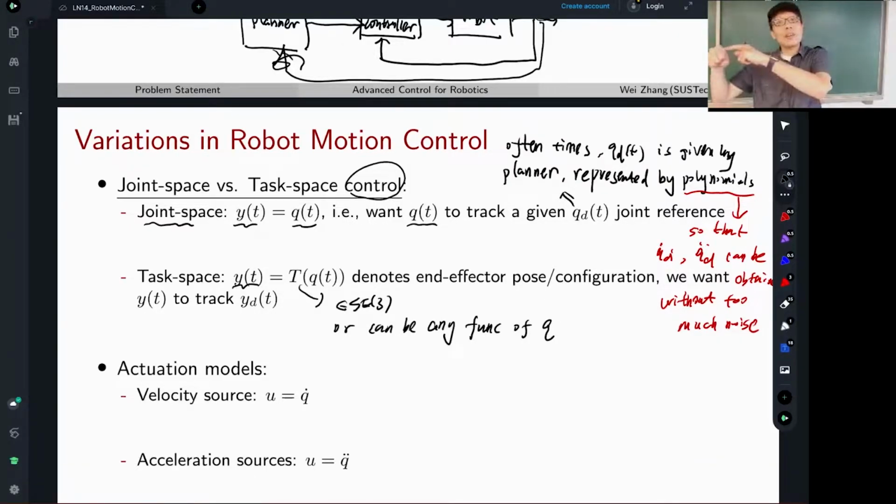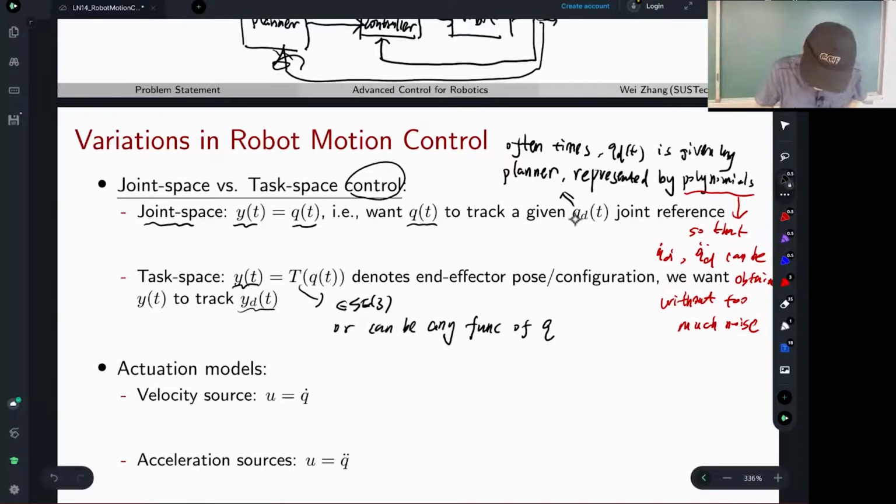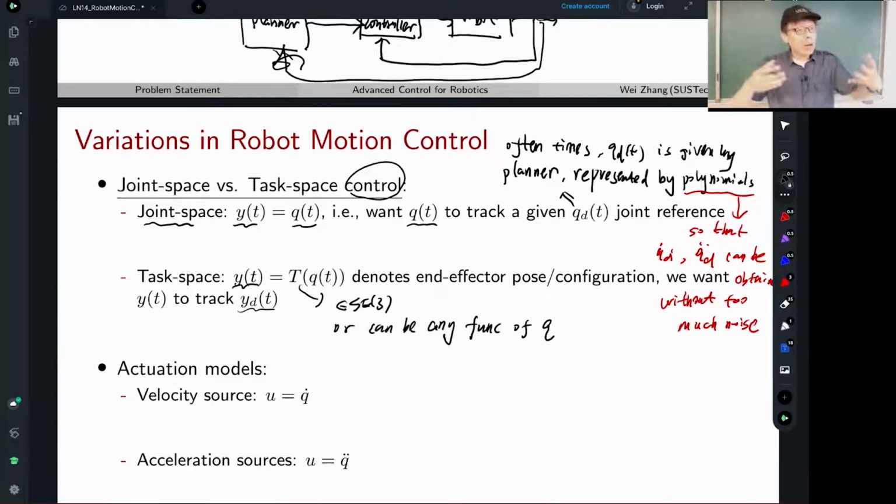Maybe I only care about the origin of an end effector frame, or a pose. In this case, YD is not QD, it's really about the pose of an end effector frame. So that distinguishes two classes of problems, joint space control or task space control.